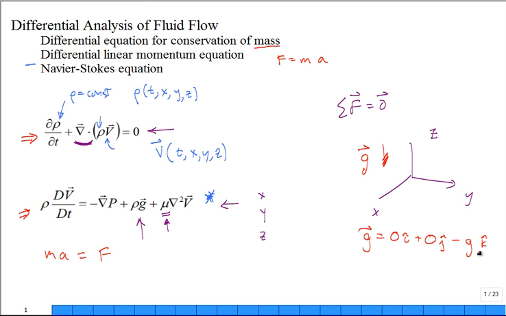True? So that's a vector representation of the gravitational force per unit what? Mass. True? Isn't that what g is? Yeah. Okay, what is P?